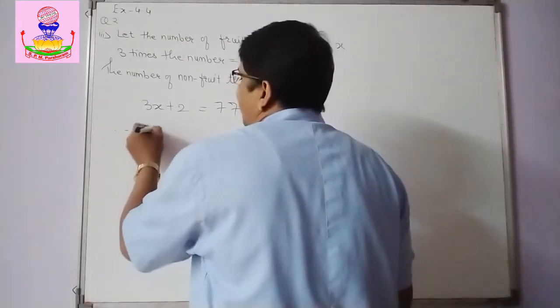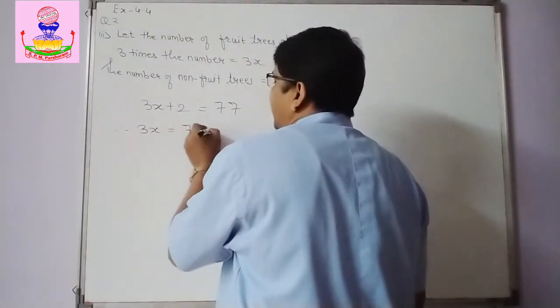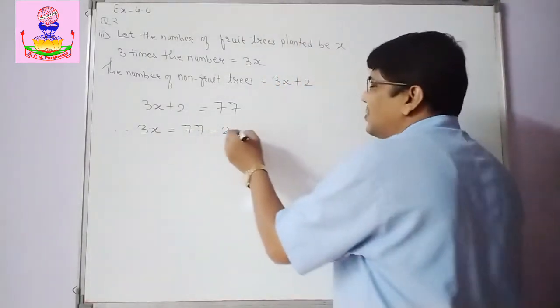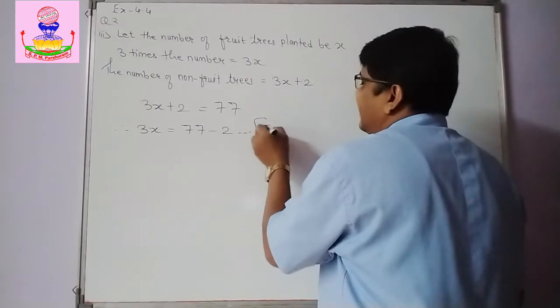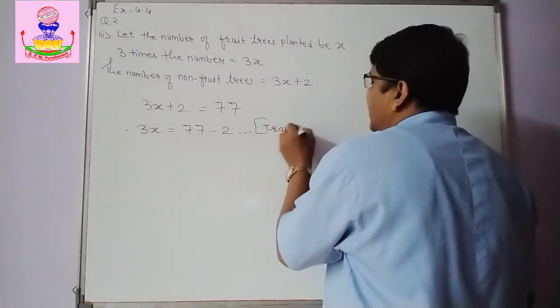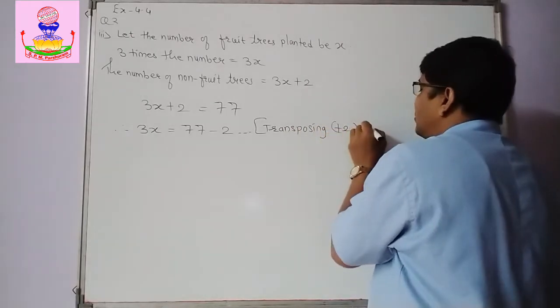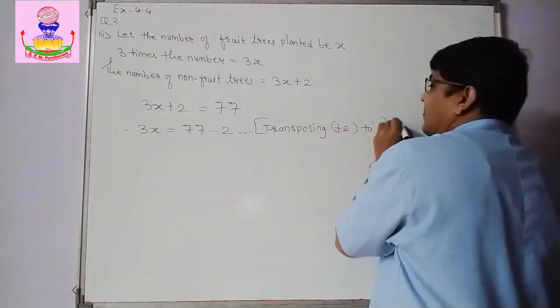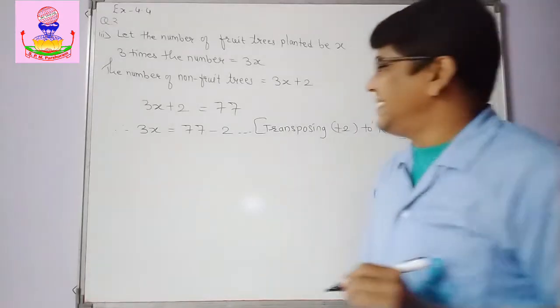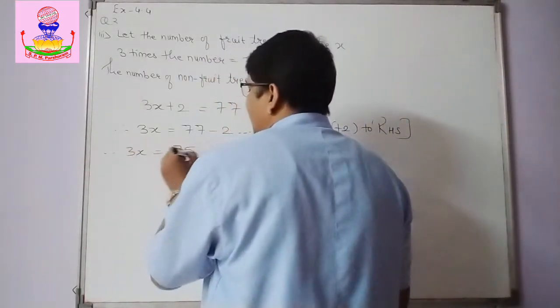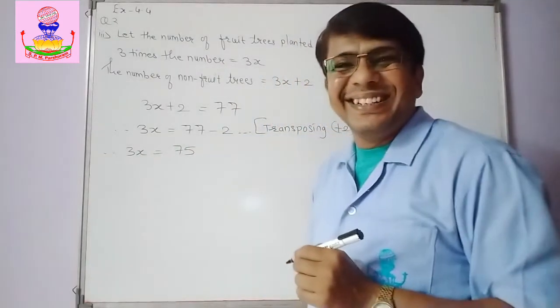So therefore 3x is equal to 77 minus 2. What did you do? Transposing plus 2 to RHS. Absolutely right. So therefore 3x is equal to 75.